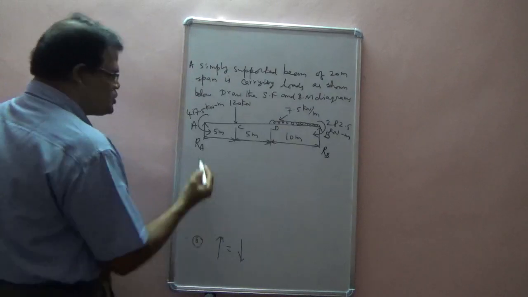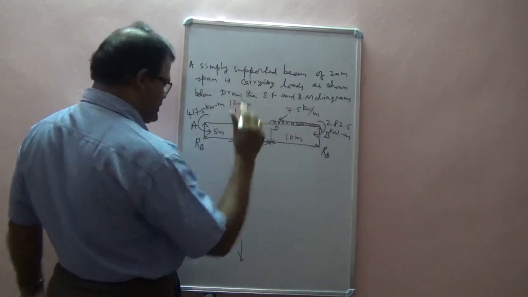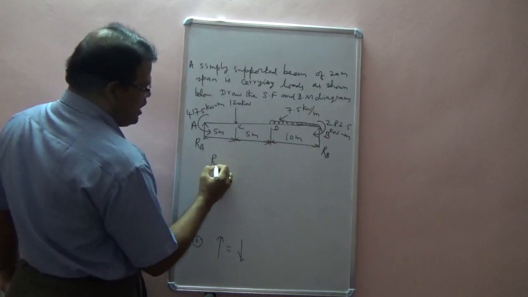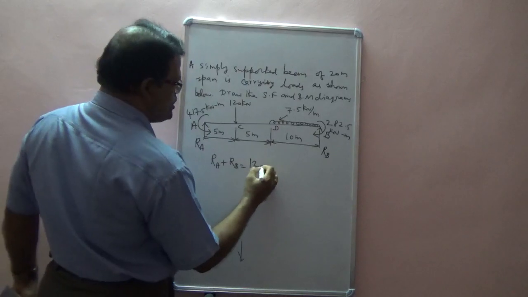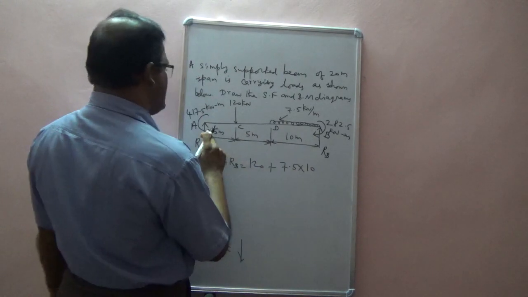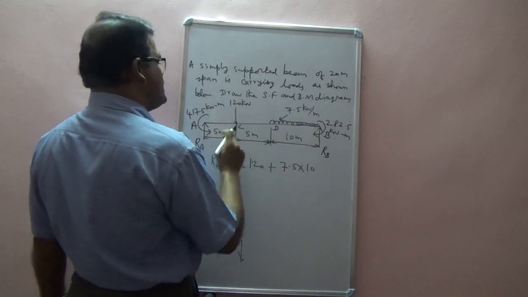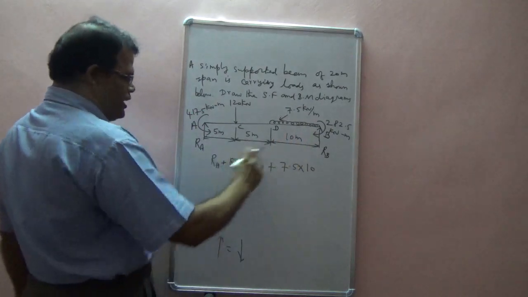RA is acting upward, RB is acting upward, there are no other forces acting upward. Therefore RA plus RB will be equal to 120 plus 7.5 multiplied by 10. These two are vertically upward, these two are vertically downward. The moments you can't introduce in this equation.